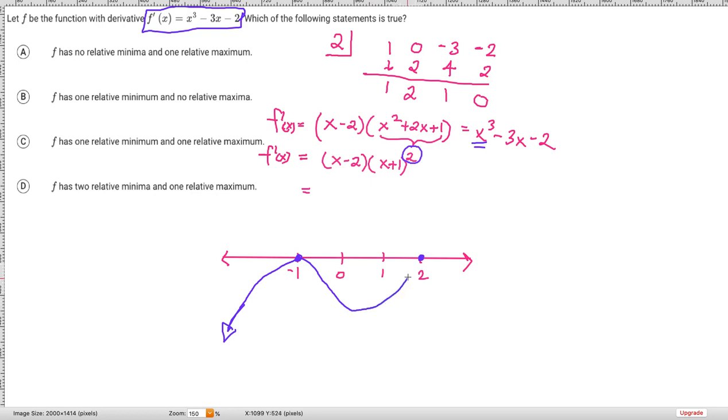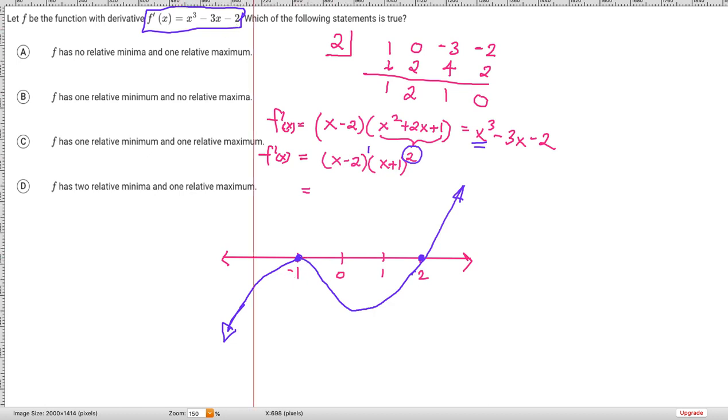Then it's going to come back up, and it's going to go through at 2 because its multiplicity is odd. It's just 1. And this is what my derivative will look like. Again, you can just use a graphing calculator to get what this shape generally looks like, and you'd be up to where I am right now if you just immediately graphed it. But now we know what this derivative looks like in full.